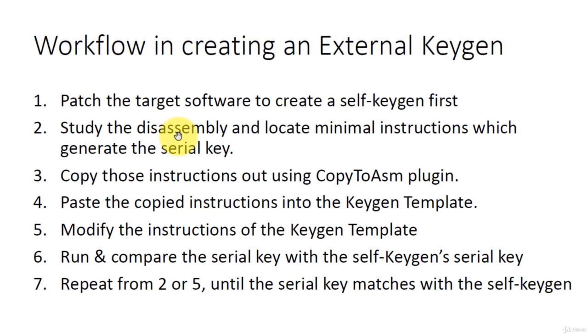So this step involves locating the instructions that are actually generating the serial key. And you will find that there are many lines of code sometimes, but you need to narrow it down to only those few lines which are actually generating the important part of the serial key. So that is what we mean by minimal.